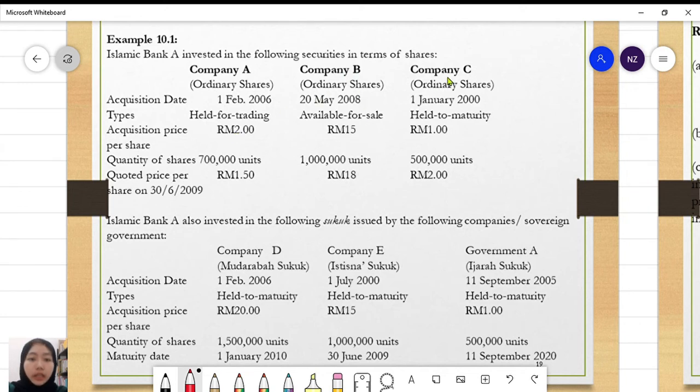Company C at RM1. This is the quantity of shares bought. And then this is the market price at the end of the maturity period. At first purchase RM2, at the end of the maturity period RM1.50. So 15, 18, RM1, RM2. Okay, that one is on shares.